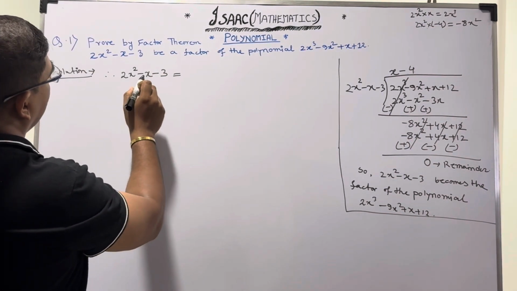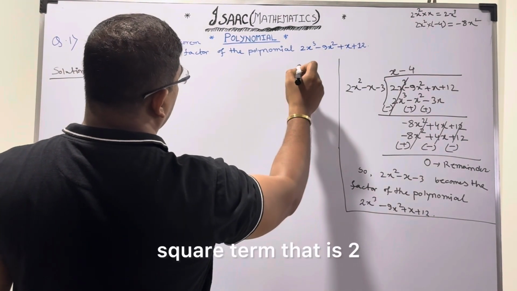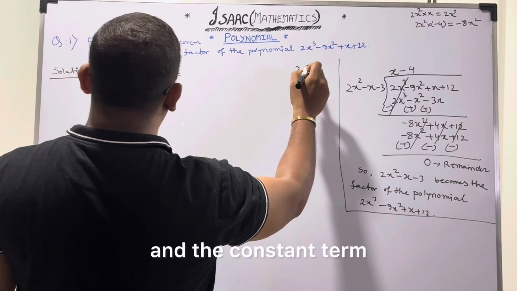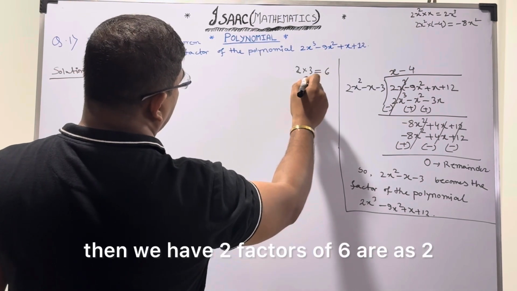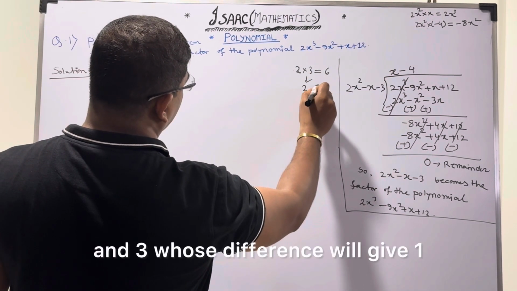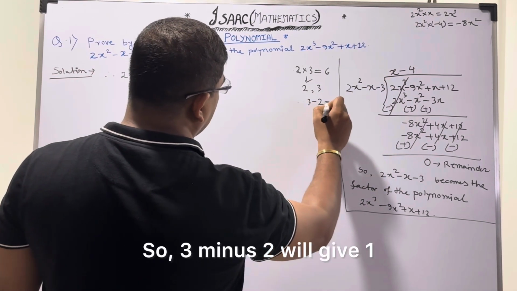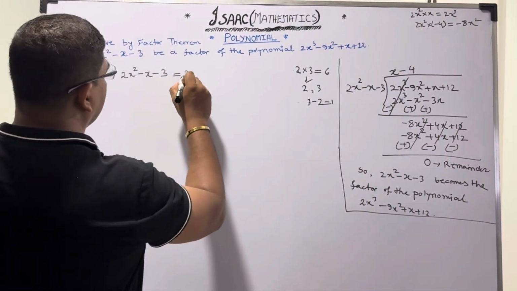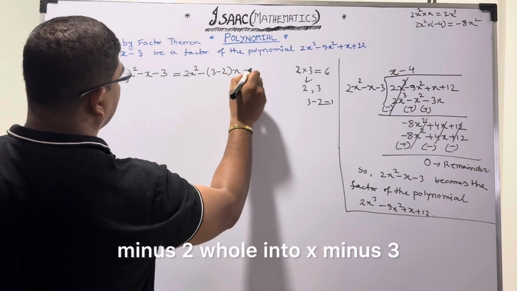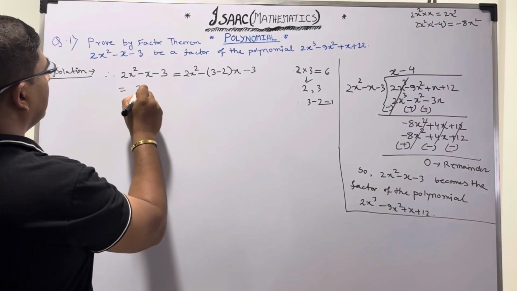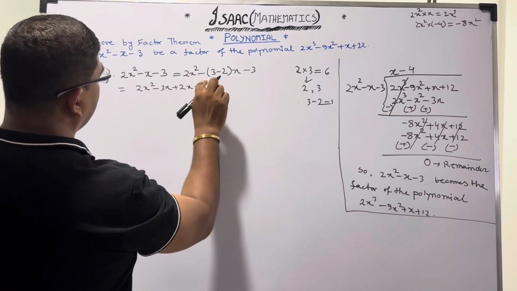To get the middle term 1, we multiply the coefficient of the square term, that is 2, and the constant term, that is 3, excluding its sign. We have 6. The two factors of 6 are 2 and 3, whose difference gives 1, since 3 minus 2 gives 1. So we have 2x square minus 3x plus 2x minus 3.